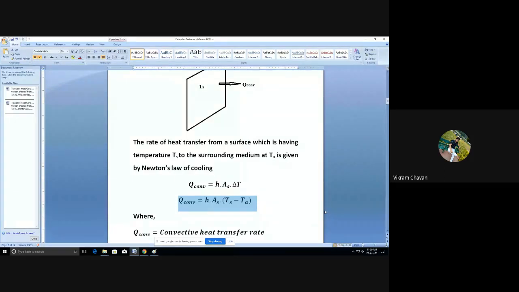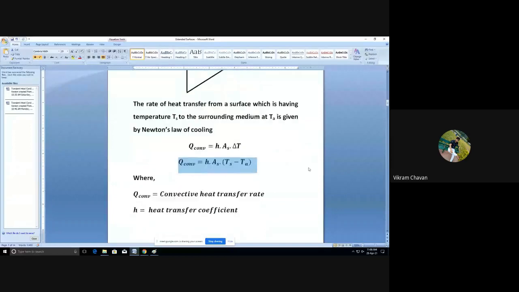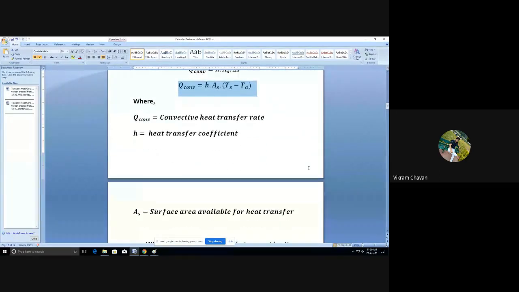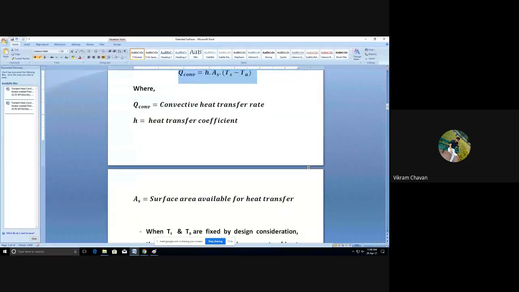Okay, written everyone? Next, write down where Q convection is equal to convective heat transfer rate.